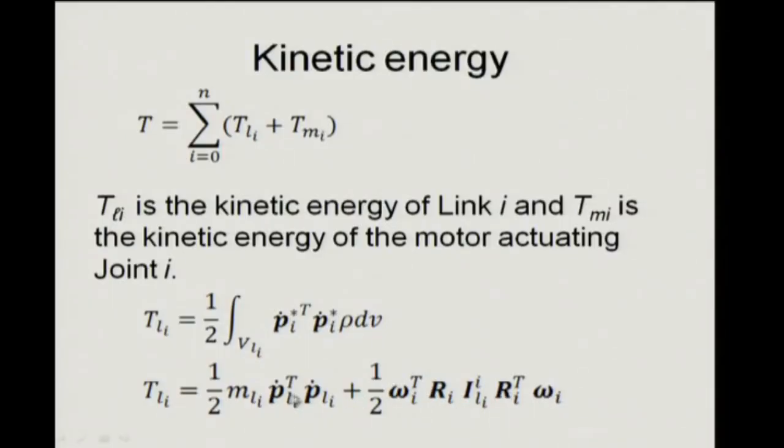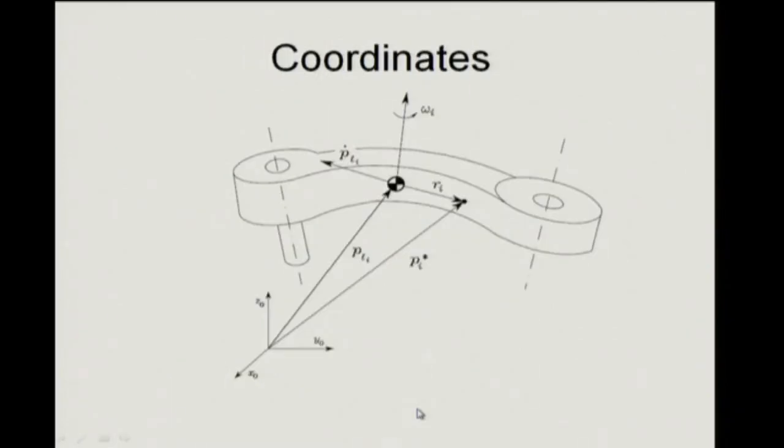Now, in this form, in this omega and P, we do not have these terms in the joint coordinate system. I need that in the generalized coordinate system. So, what we are looking at overall in terms of coordinates here is that there is the center of mass which is here, and there could be a particle at a position Ri in the local frame which will be at this point Pi star, and the velocity of this point could be in some other direction, P dot, and then this has angular velocity omega i.